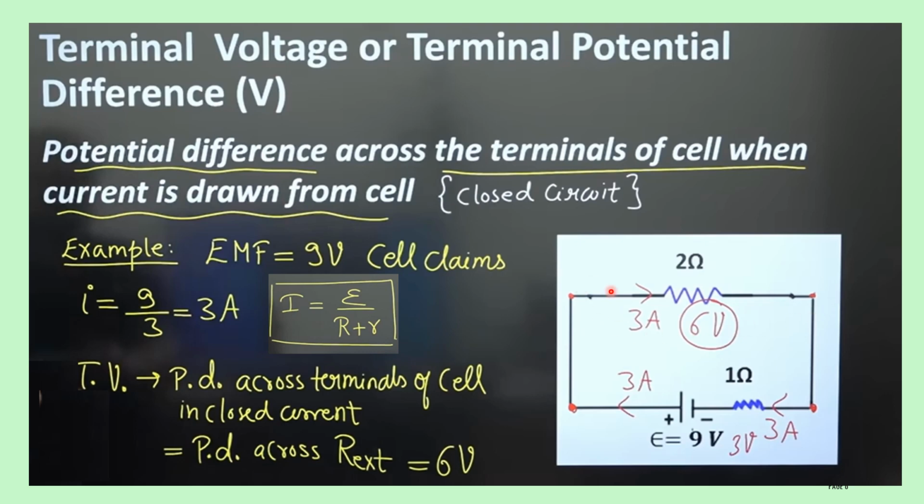The potential difference across the terminals of a cell in a closed circuit is called the terminal voltage. Here the terminal voltage is equal to 6 volt, because this is the external resistance, which gets 6 volt. This is the terminal voltage.